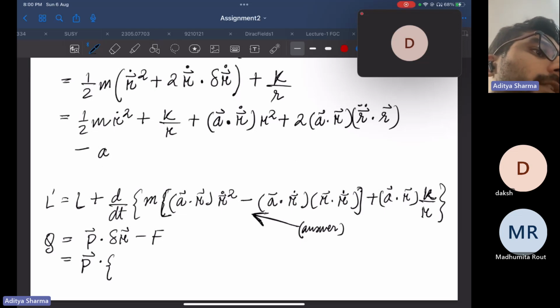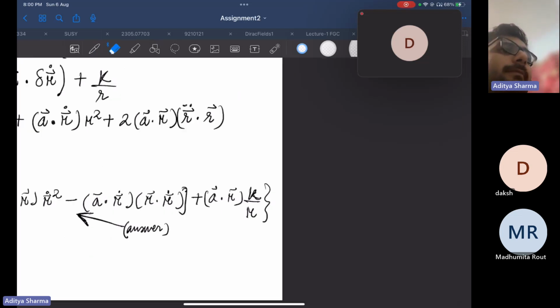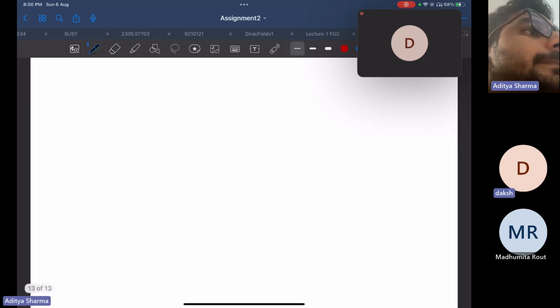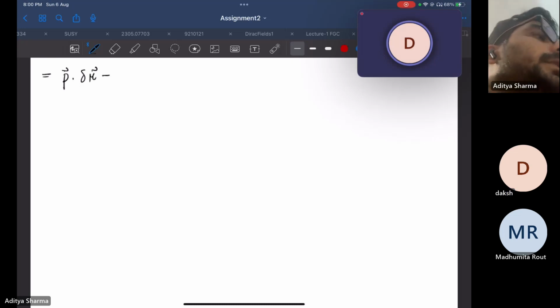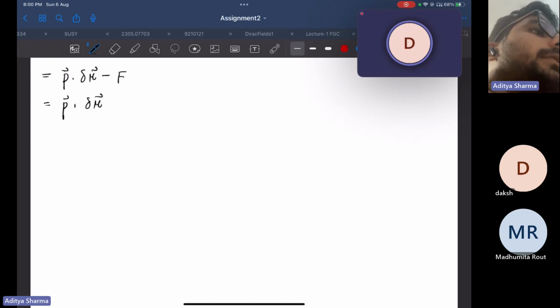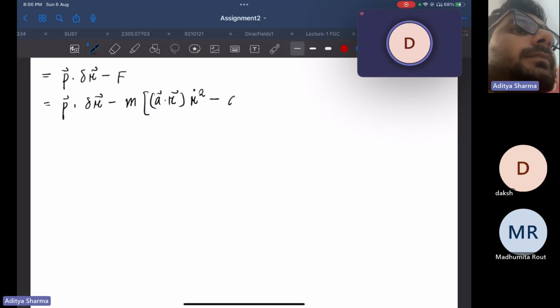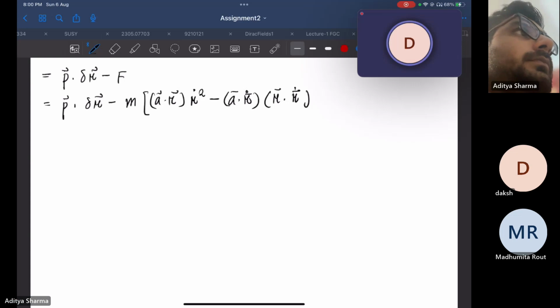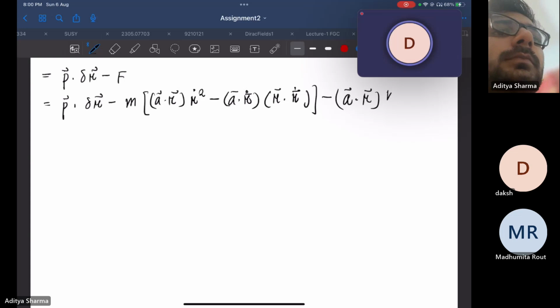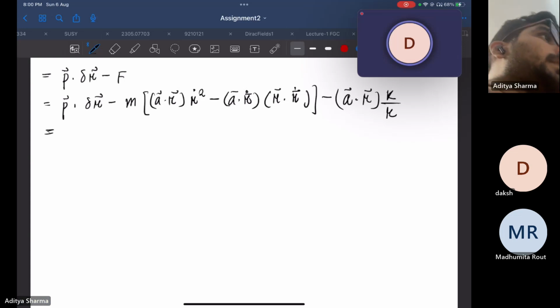You're going to see that if you use this in this formula, this is nothing but the Laplace-Runge-Lenz vector.